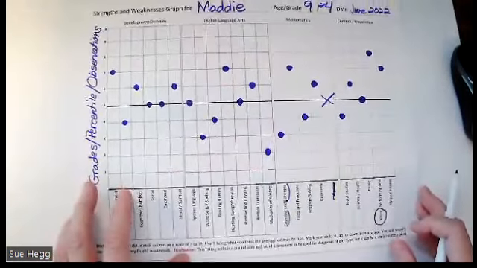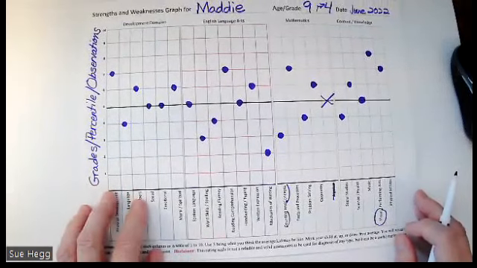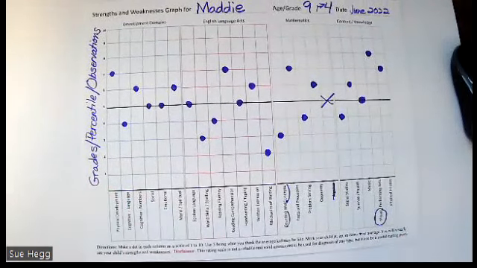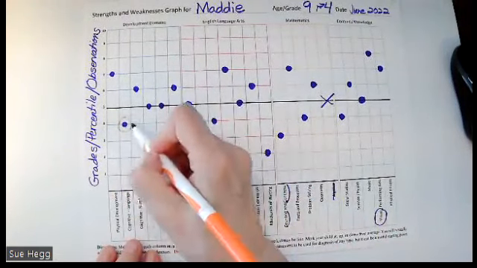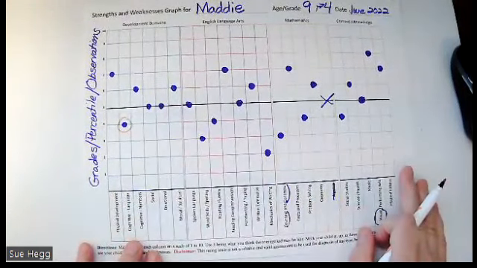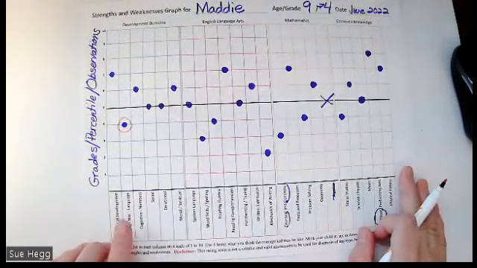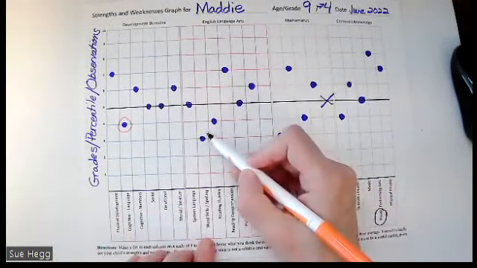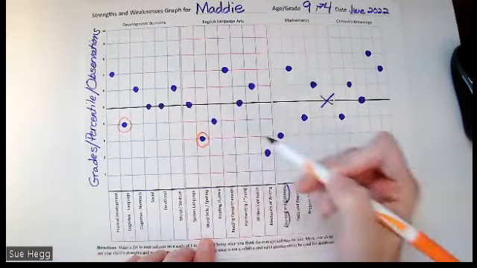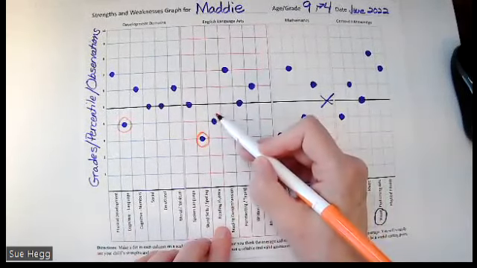All right, so when I look at Maddie's profile, it looks like it's scattered everywhere, but if I look a little closer, this is interesting. This is pretty close to being average, but it's one of her weaker areas. Spelling and phonics is a weaker area.